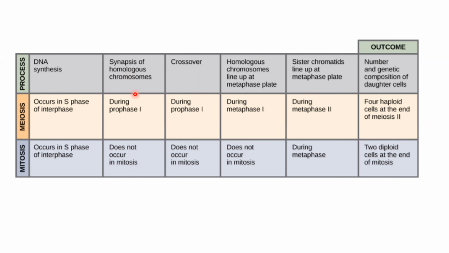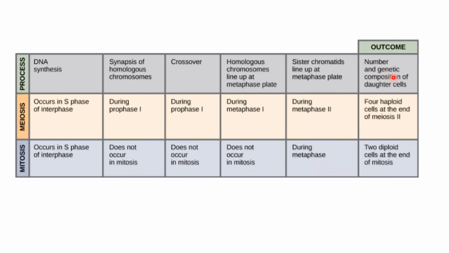Homologous chromosomes synapse only in meiosis. Crossover only in meiosis, prophase 1, does not occur in mitosis. Homologous chromosomes line up at the metaphase plate in meiosis during metaphase 1, but not in mitosis. Sister chromatids line up at the metaphase plate in both metaphase 2 and metaphase.